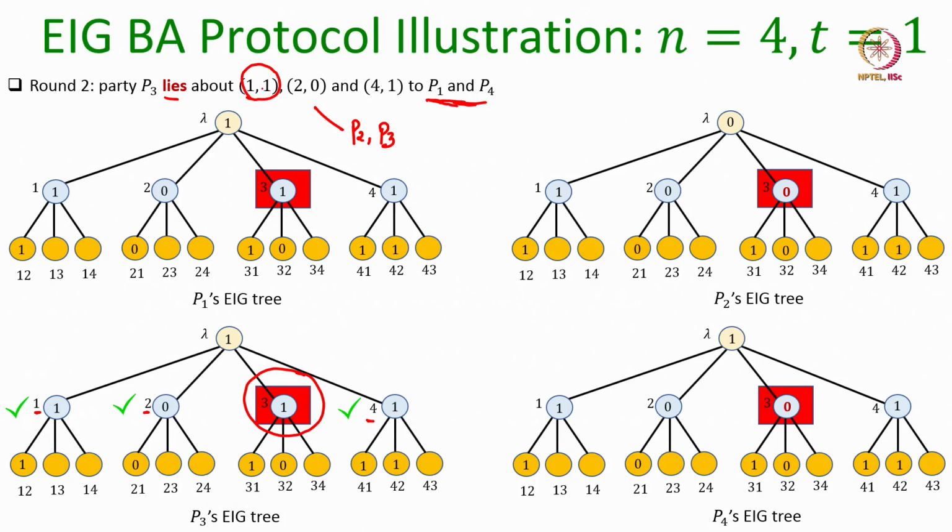Let us see what will be the consequence of the first message, 1 1. So, who is sending? 3 is sending, about which node? The node with label 1. So, ideally everyone should decorate the node with label 1 3 with the value 1, if P3 had not lied. But P3 has decided that it will tell it correctly to 2 and 3, but incorrectly to 1 and 4.